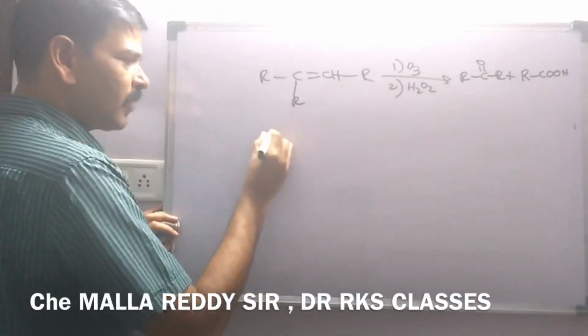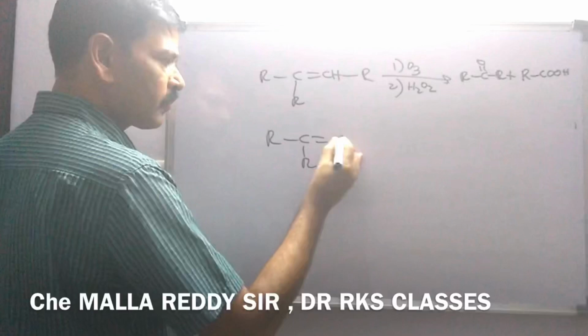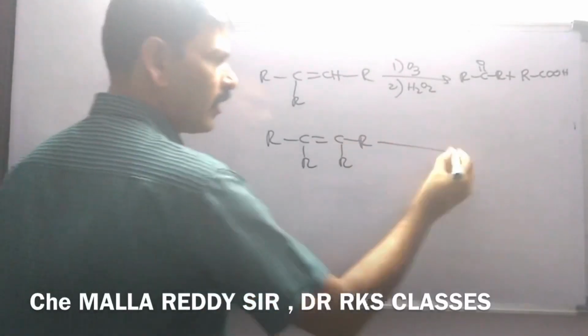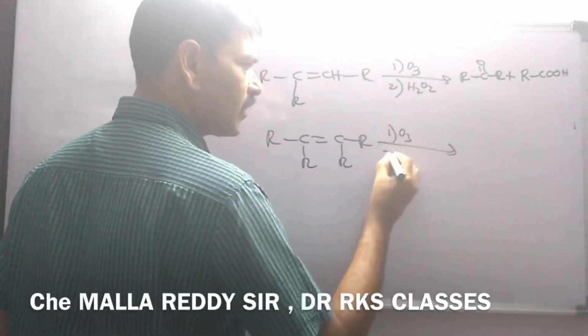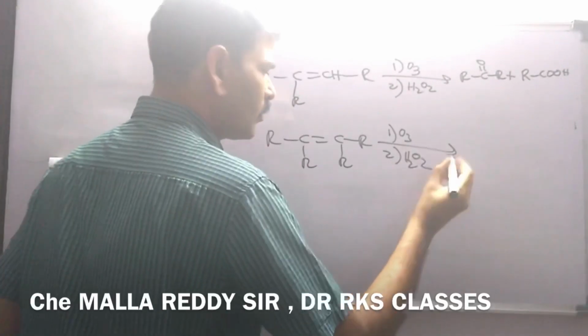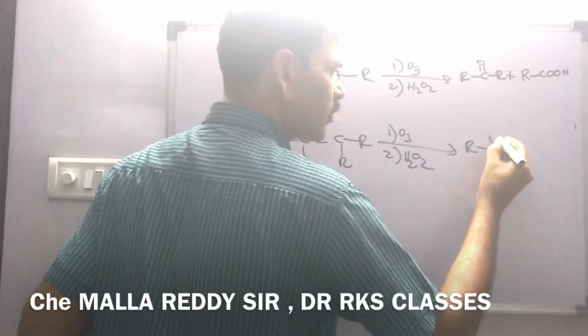For example, you take this one, on oxidative ozonolysis, you are getting 2 moles of ketones only.